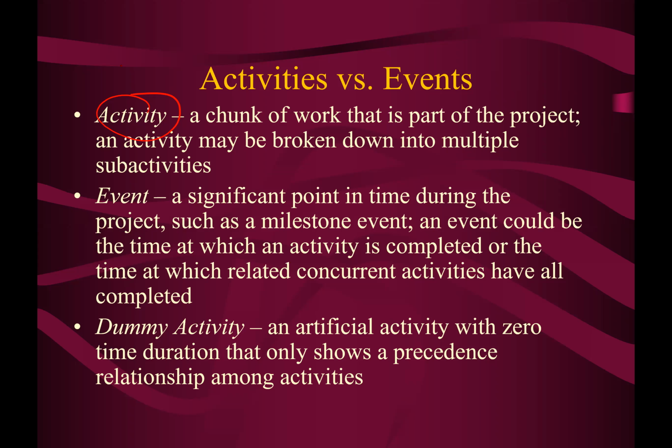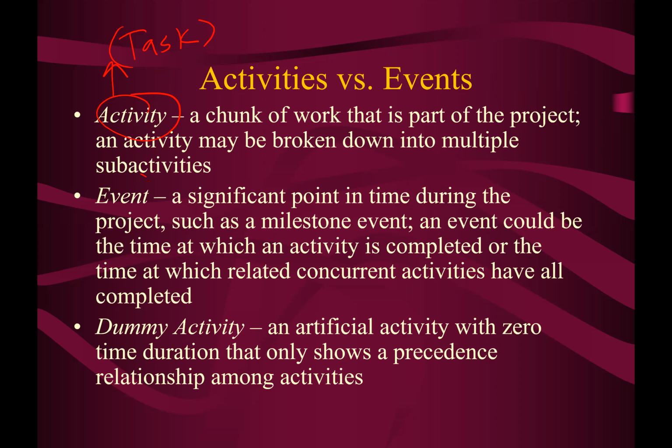But in computer software, they use the word task, T-A-S-K, not activity. Why? Because the software was not designed for the construction industry. It was designed for many other disciplines, which might not call it activities. They simply call it tasks, or the work to be done. So you must understand those terminologies.